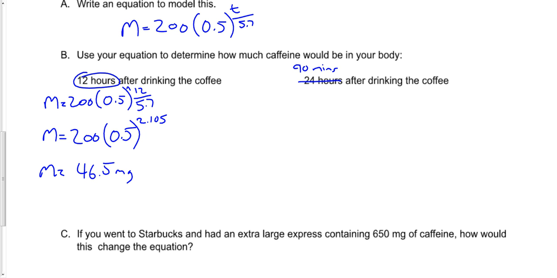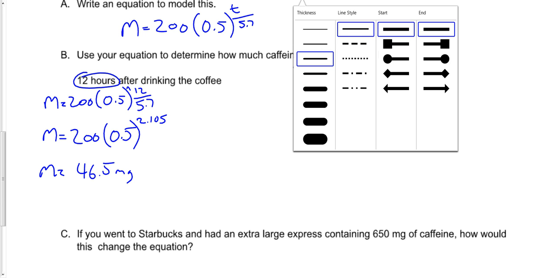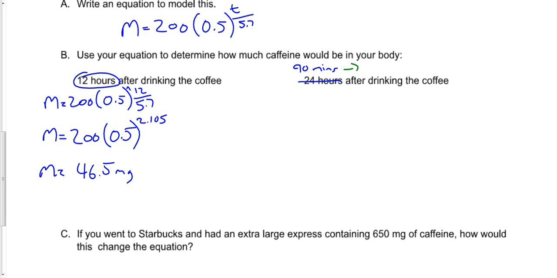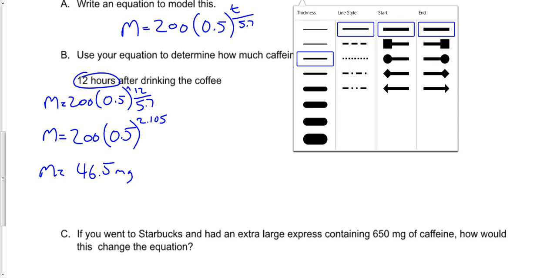So again, we know that we have to convert that 90 minutes into hours. 90 minutes in terms of hours is 1.5. Because our half-life is given to us in hours, we have to turn the actual amount of time into hours as well.